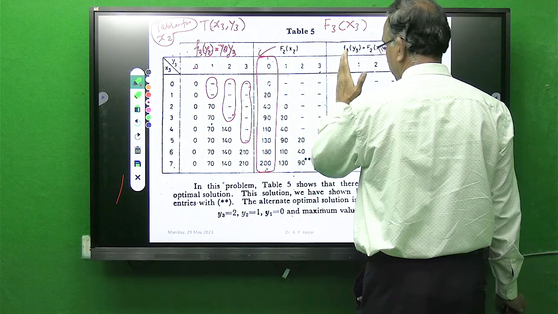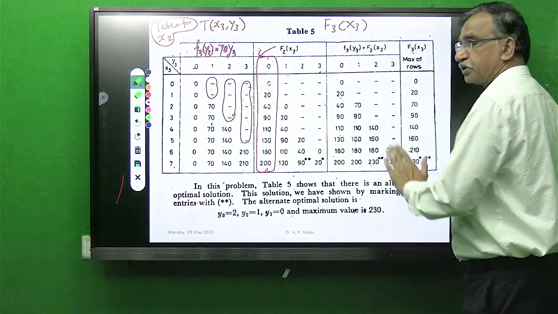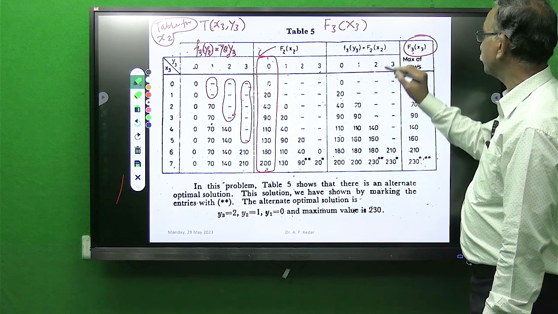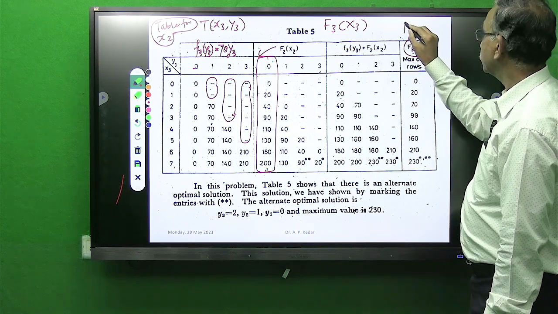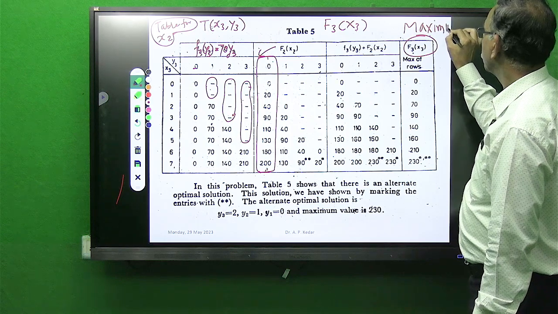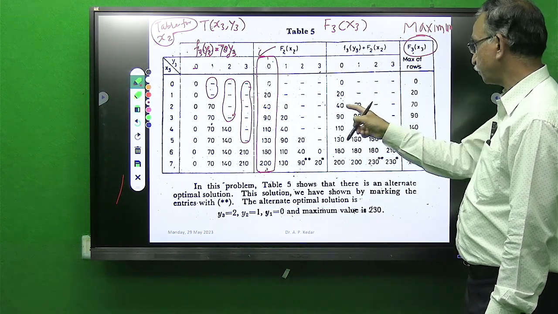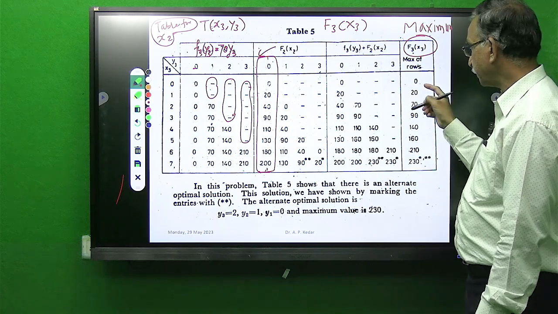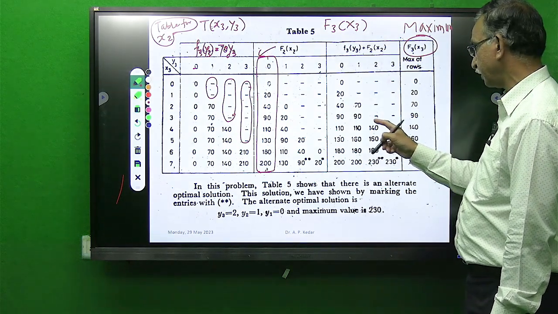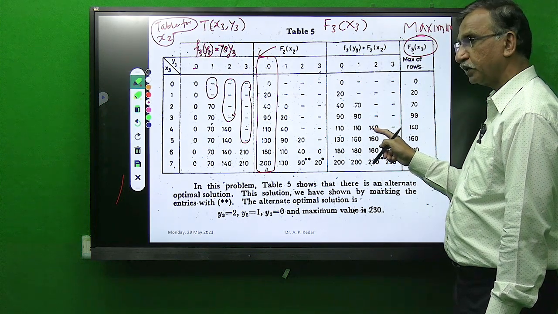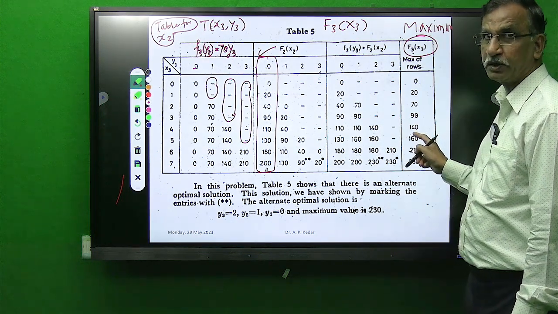You get these 4 sets of values, and for your objective function we are interested in the maximum value. So from these rows we have picked up the maximum value, like here 140 is maximum. Got it?